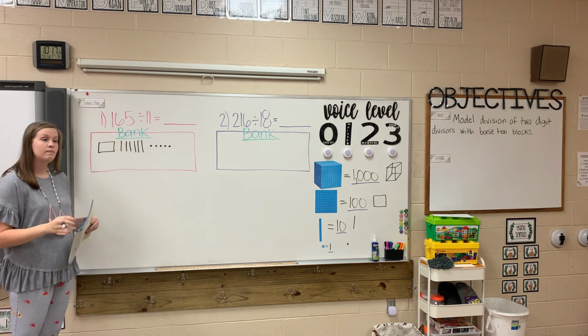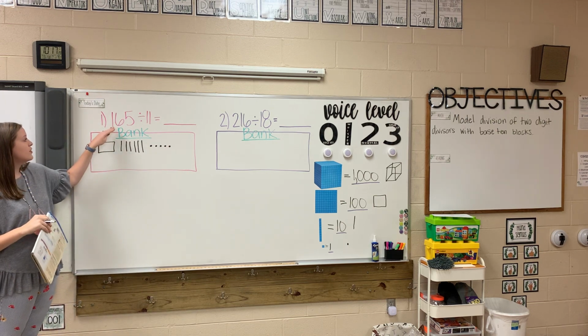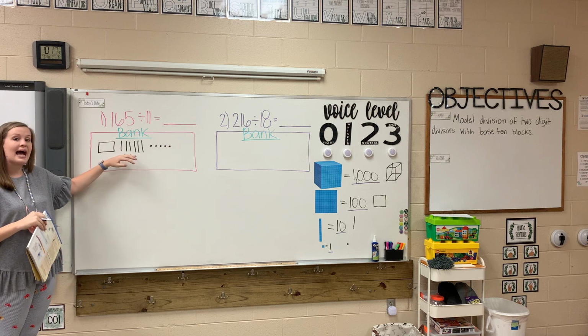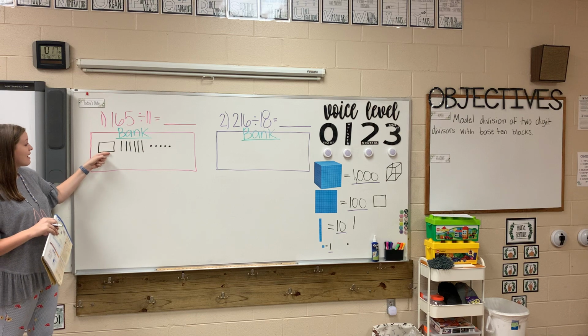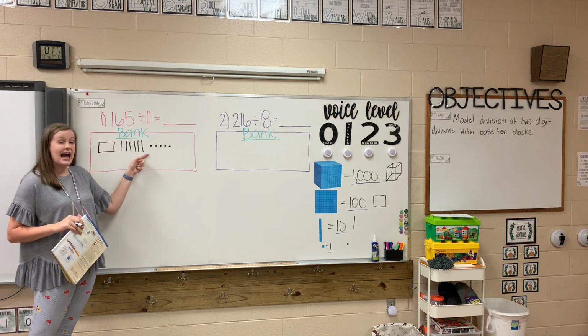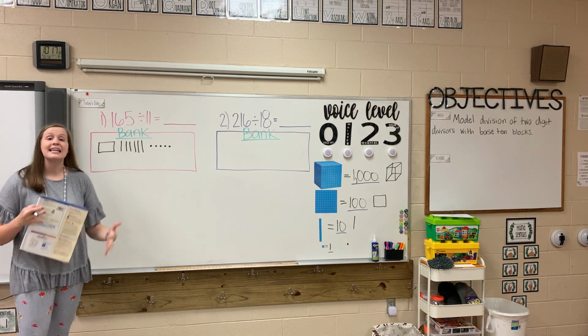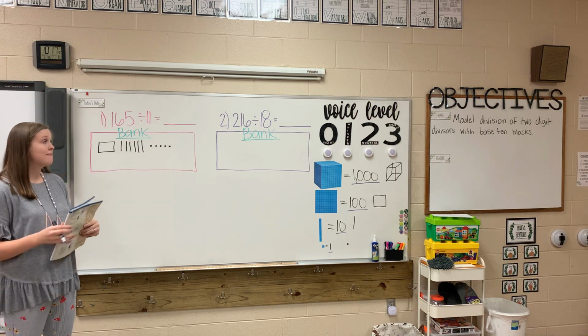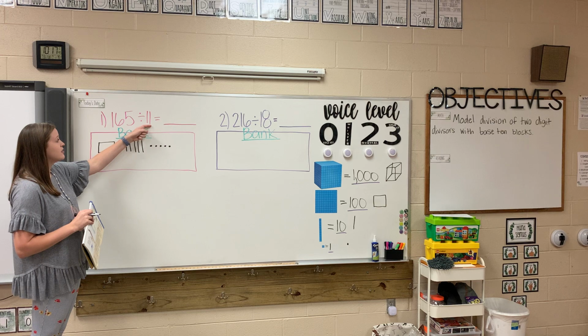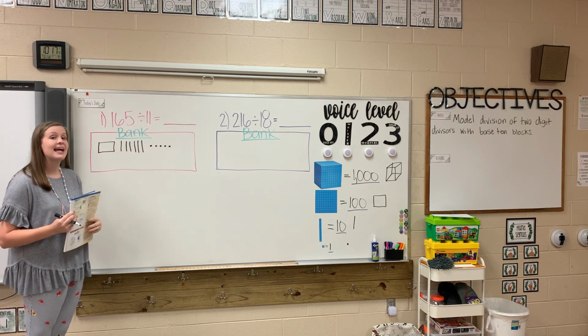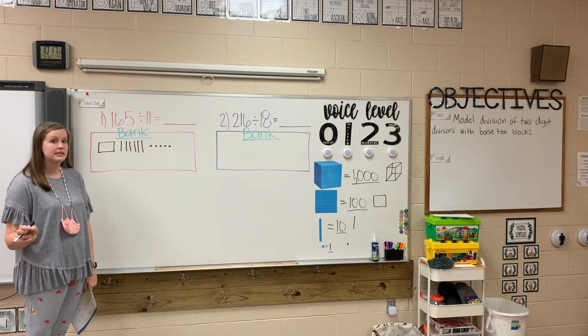And my goal is to show this division problem using what I have. But if you remember, we talked about a flat is made up of how many longs? 10. So I want you to keep that in mind. The first thing that you do is you look at your divisor. That tells me I need 11 equal groups.